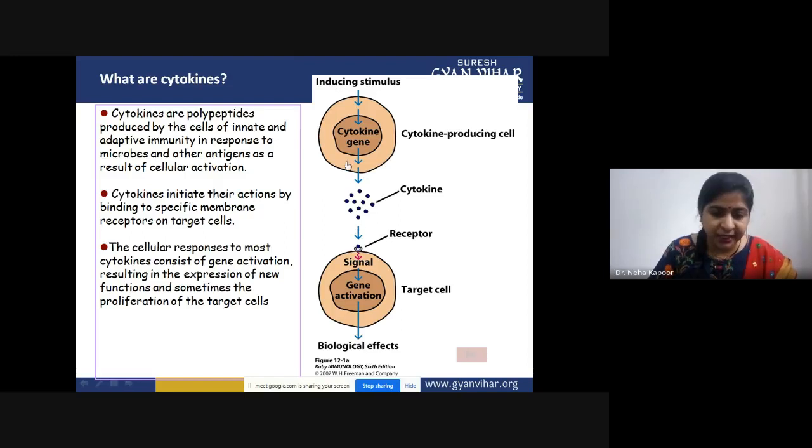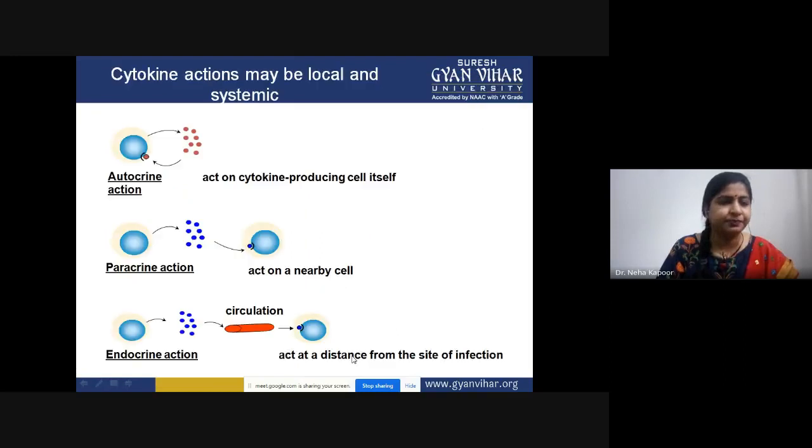These cytokines are released. These cytokines will attach onto the surface of a target cell, on the surface of which the receptor is present. As you can see, these cytokines are attaching here. It will trigger a signal. It will give a signal. Genes would be activated, and the biological effect would be expressed.